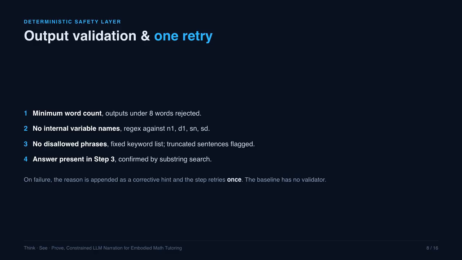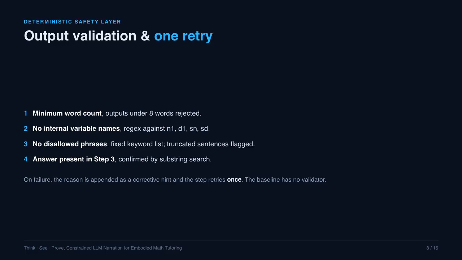On top of the role constraints, the constrained system adds a deterministic safety layer built from 4 rule-based checks. The first is a minimum word count. Any output shorter than 8 words is rejected as too thin. The second checks for internal variable names, using regular expression matching against tokens, like N1, D1, SN, and SD.